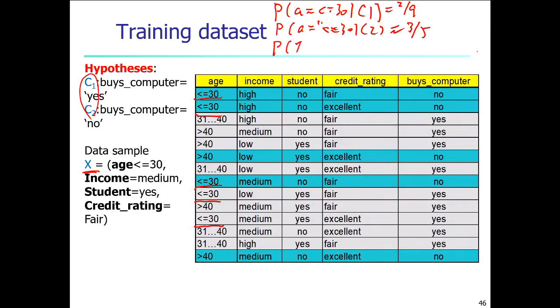And similarly, you can do income is medium given C1. So you've got all the medium. So it's 4/9.